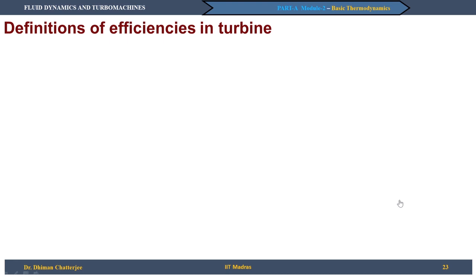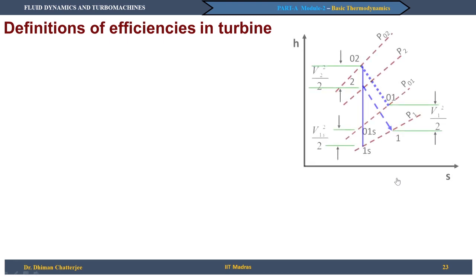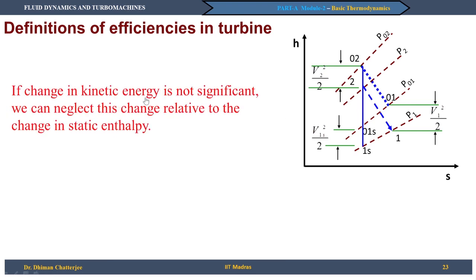Now we talk about the definitions of efficiencies in a turbine. We can talk about efficiencies in terms of the static enthalpy or the stagnation enthalpy. So, if we say that the change in kinetic energy is not significant, we can neglect this change relative to the change in the static enthalpy, and we can say that eta SS is nothing but h2 minus h1 divided by h2 minus h1s.